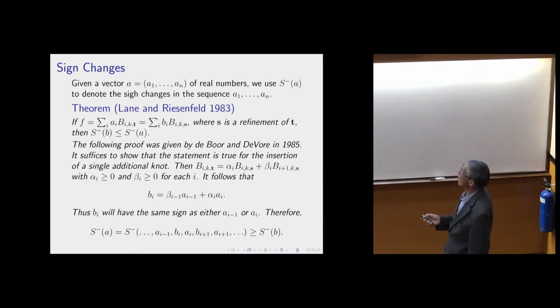So if we have a spline, and here we have, let me say, two node sequences.